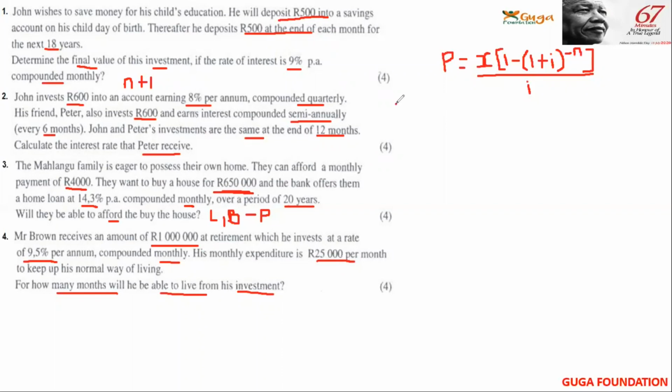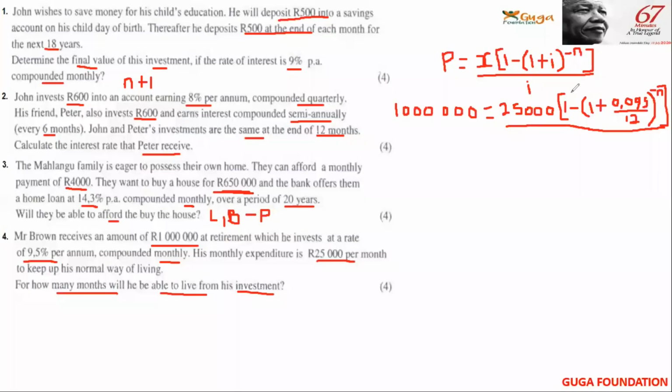It will be 1 million, which is equals to monthly installment of 25,000 into 1 minus 1 plus 0.095 divided by 12 to the power negative n, all over by 0.095 divided by 12.